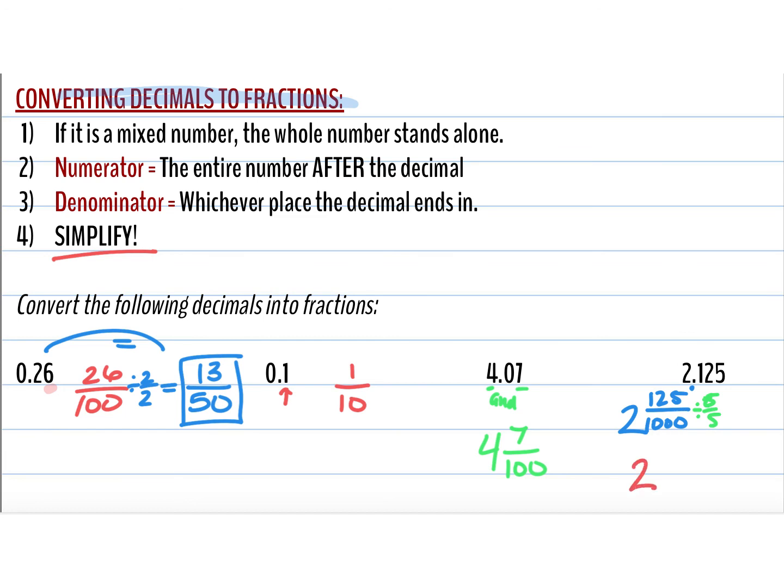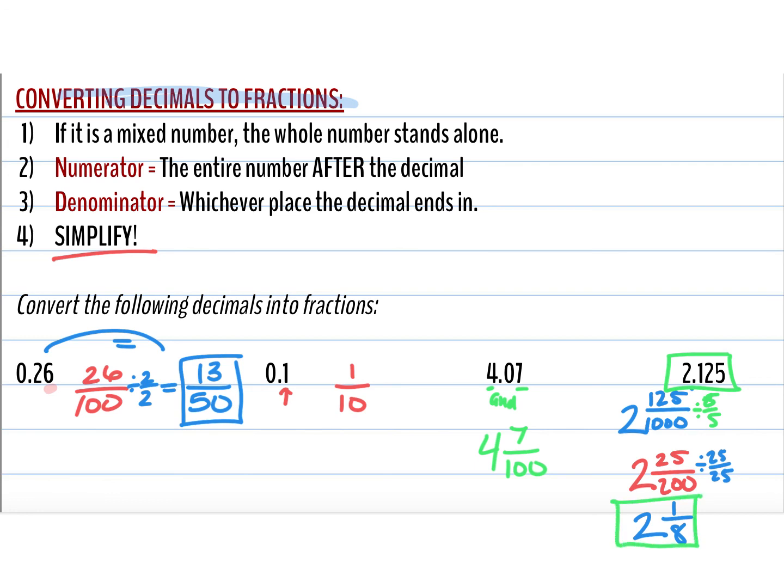So that is 2, and I know 5 times 25 is 125 over 200. I see again that they are both divisible by 25. So then I can simplify again, 2 and 1/8. So 2 and 125 thousandths is equivalent to 2 and 1/8.